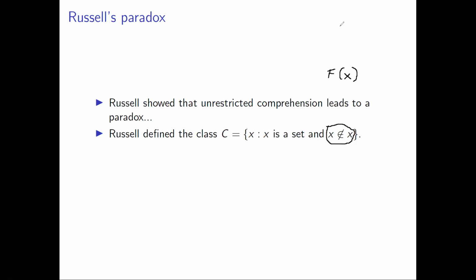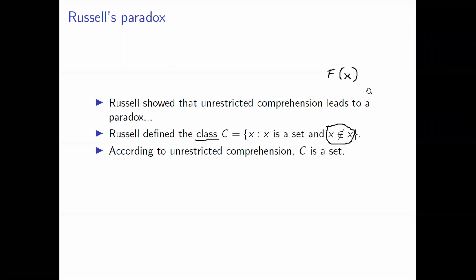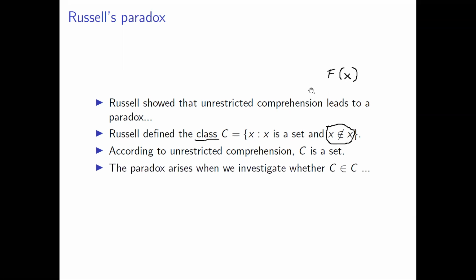And unrestricted comprehension tells us that this class right here, it's not only a class, it's also a set. And that's what's bad about unrestricted comprehension. It's going to lead us to a paradox, this C being a set. So we're going to get this paradox by considering two possible cases.